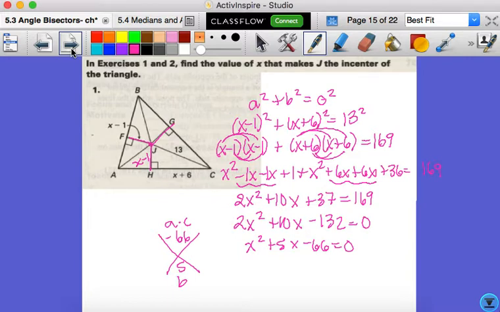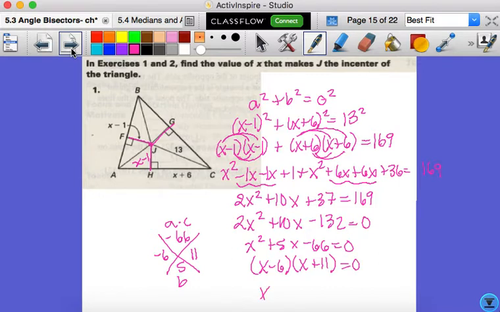So if I want factors of negative 66 that add to 5, I've got negative 6 and 11. With that, since my a value is 1, I can jump using the shortcut to the final factors.